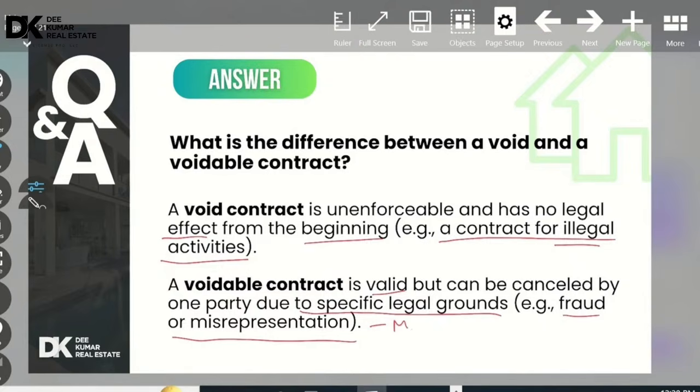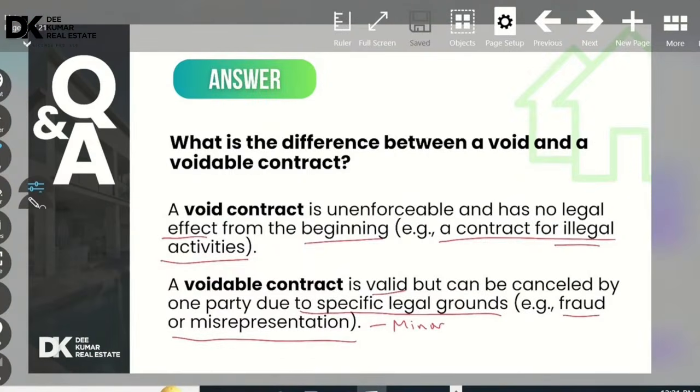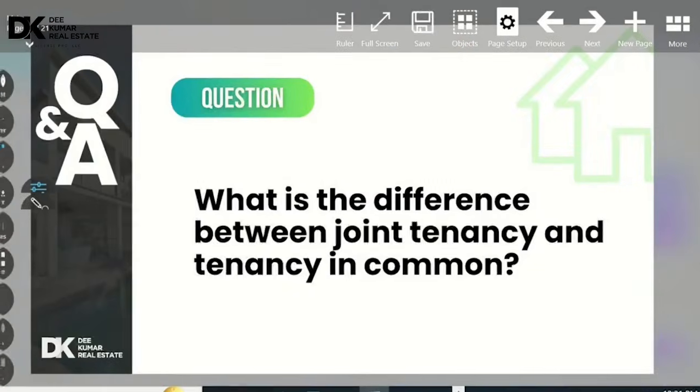A minor child entering into a contract, or somebody that's mentally incapacitated or not of legal age to contract, involves themselves in a contract, and then that contract would be voidable by the minor. So the minor can back out of their portion of the contract. Void and voidable, absolutely on exams. Look out for it.